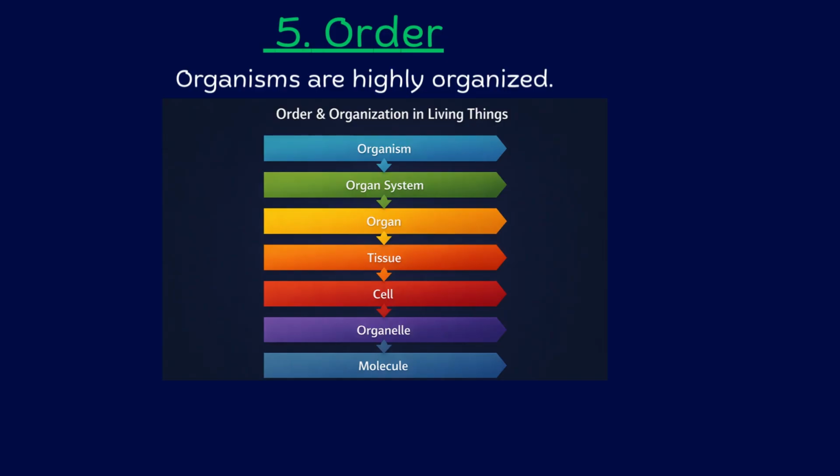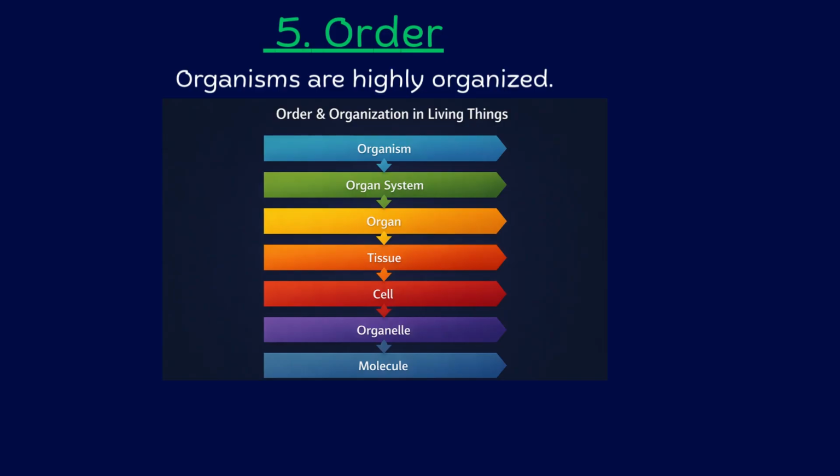For example, in humans, cells in your heart work together to pump blood, while your stomach cells work to digest food. This precise organization allows living things to function efficiently and survive. Order shows us that life is structured, connected, and coordinated at every level.